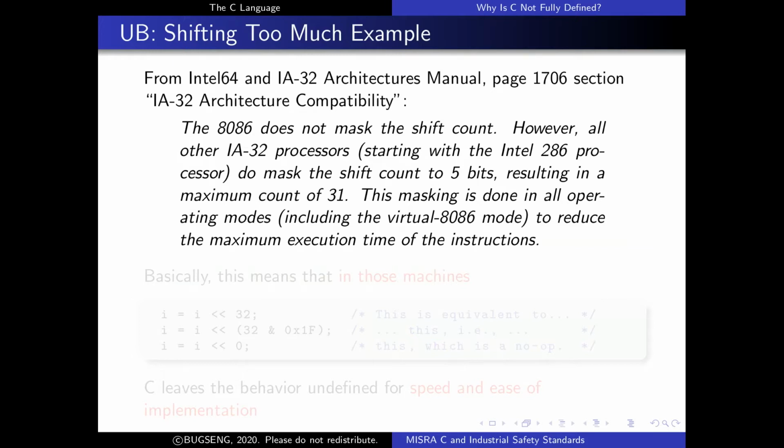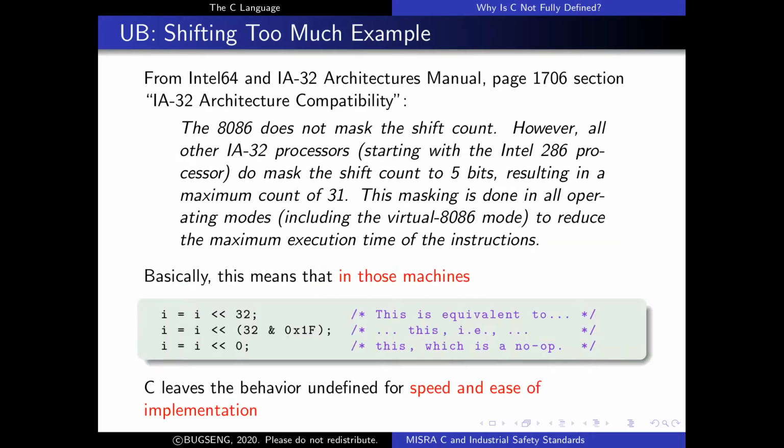Why do they do this? Because they want to have a hard limit to the execution time of the shift instructions. We don't want to spend milliseconds waiting for a million-position shift that we programmed by mistake. So shifting by 32 is the same thing as shifting by 32 masked, which is the same as shifting by 0 positions, which is the same as doing nothing.